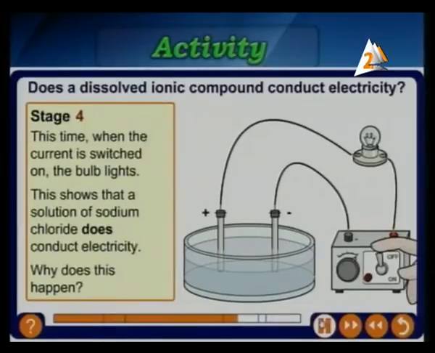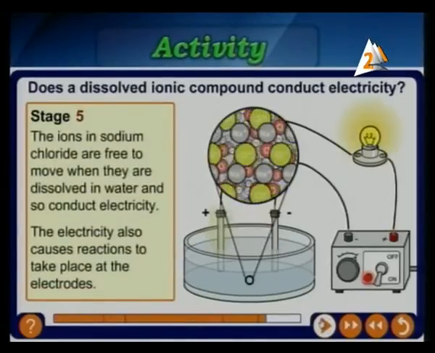Why? Because the electric energy passes through this solution, showing that the sodium chloride solution conducts electricity. Why did this happen? Because the ions move through this aqueous solution.